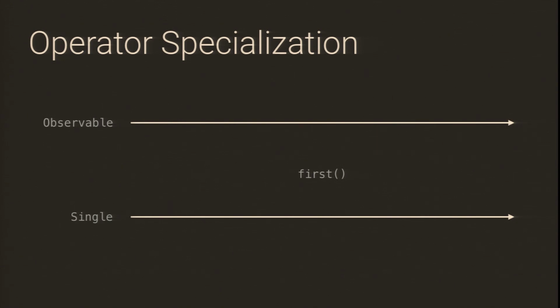And so this is where you start to see those source specializations come in, is that some of the operators which narrow the scope of a stream return that narrowed type. And so in the type system, you can now know that this operator returns a single item, and so anything that needs to consume it will just see it as a single item, knows that it's only going to get a single item.